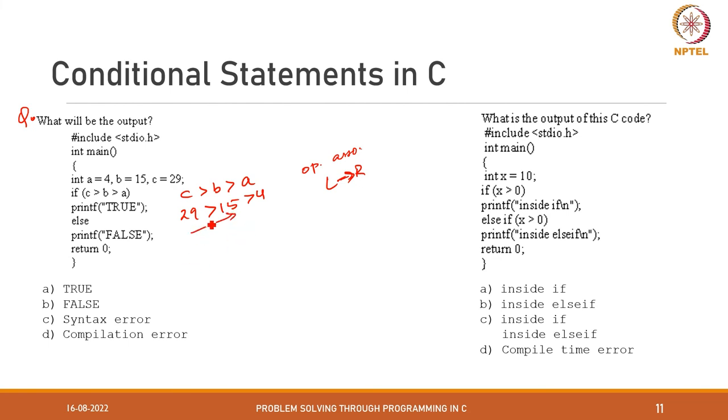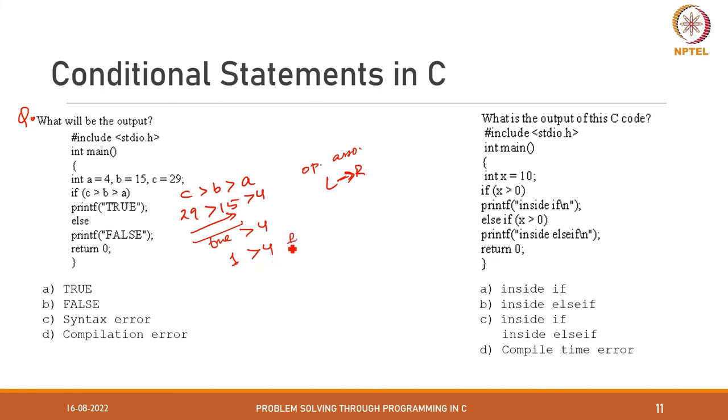So first we'll evaluate 29 greater than 15. So 29 greater than 15 is true, because 29 is in fact greater than 15. So this part is evaluated. Now we have to evaluate the second part. So true means it will take a value of 1, and it will compare it with 4.